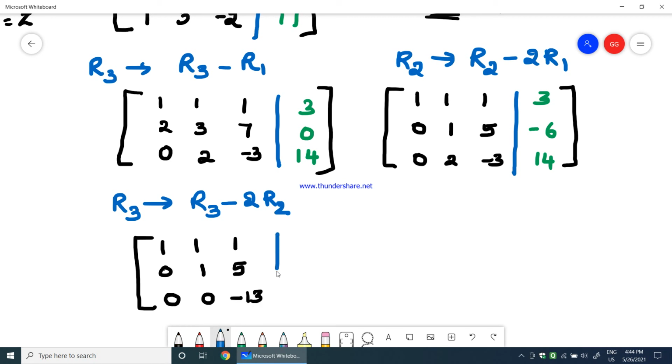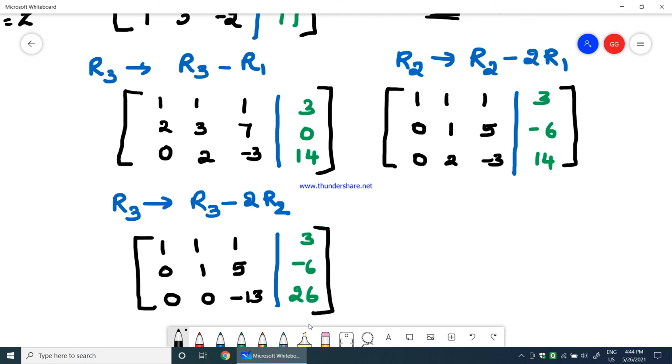And the right hand side would be 3, minus 6, and 14 minus of minus 12, so 14 plus 12, which is 26. So this is the next reduced matrix which we have got.